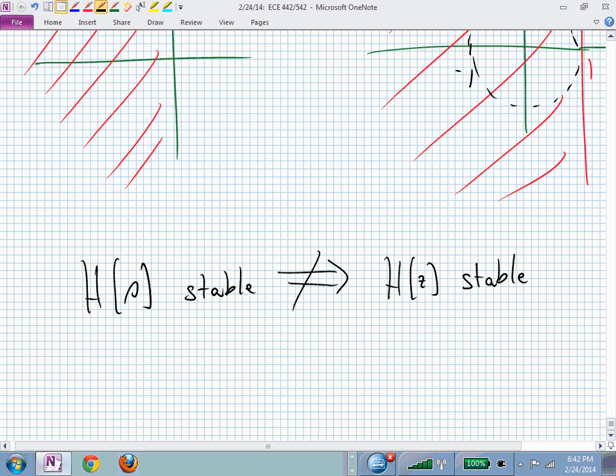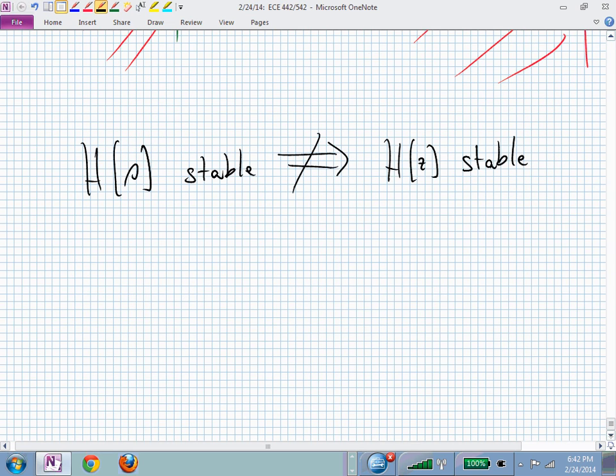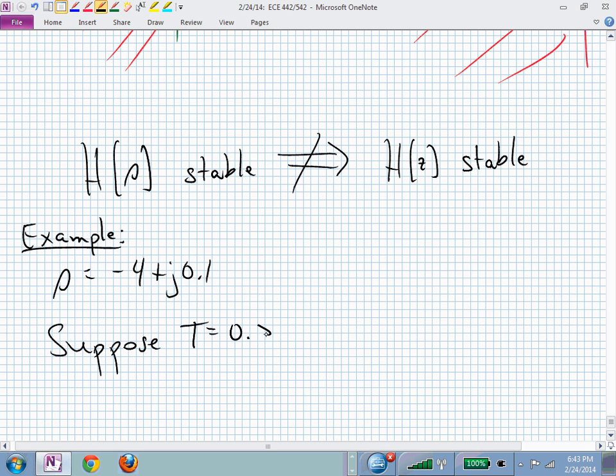Okay? And you could play with this. Not that this would be a good choice, but somebody was arguing that maybe we didn't have a good choice for capital T before. If I started with a point, let's say minus 4 plus J 0.1 in the S-plane, and suppose that somebody hadn't taken this class and they just said, oh, let's sample at 500 milliseconds, or every half a second.